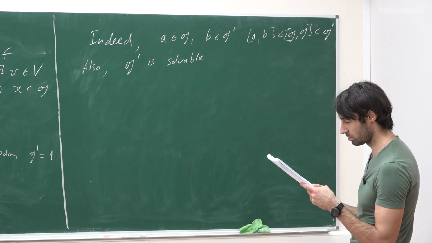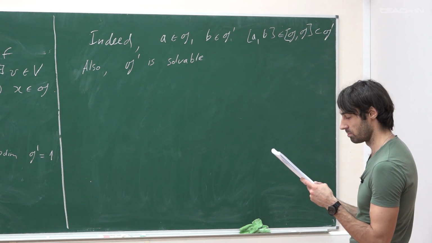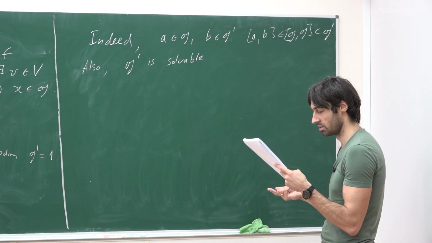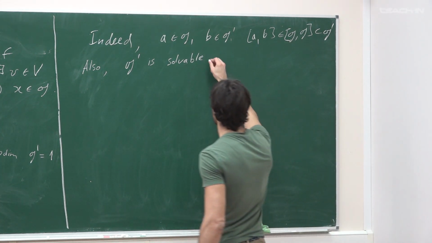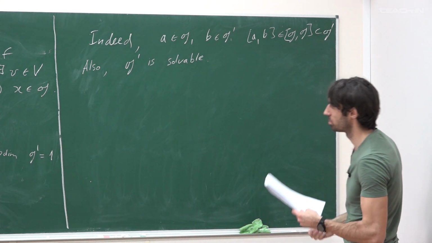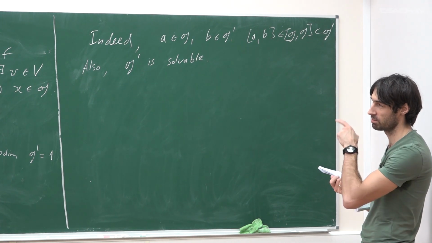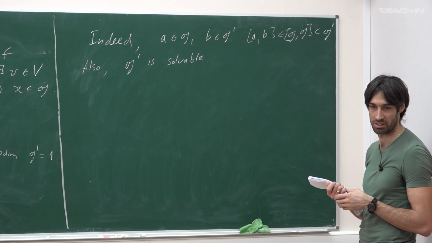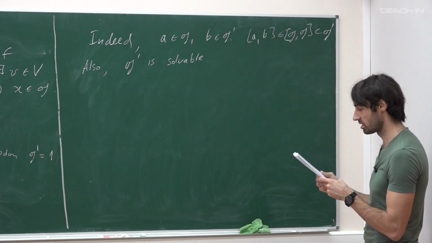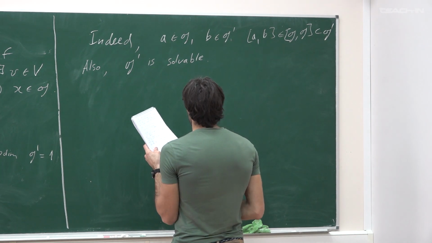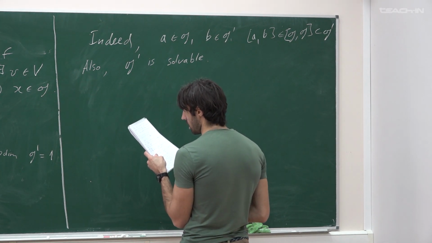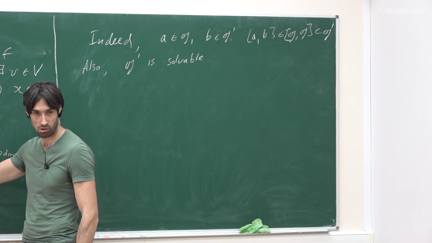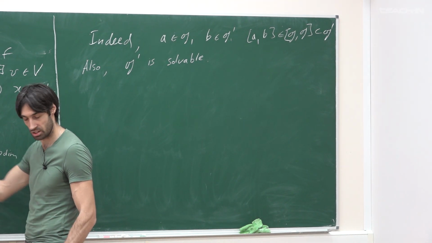But you can also prove by induction that d^i of G prime is inside d^i of G, which is just proving that an ideal of a solvable algebra is solvable. So our induction on the dimension of G works. So G prime is solvable of smaller dimension.